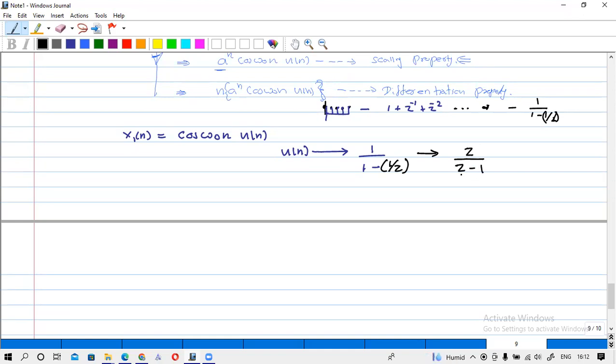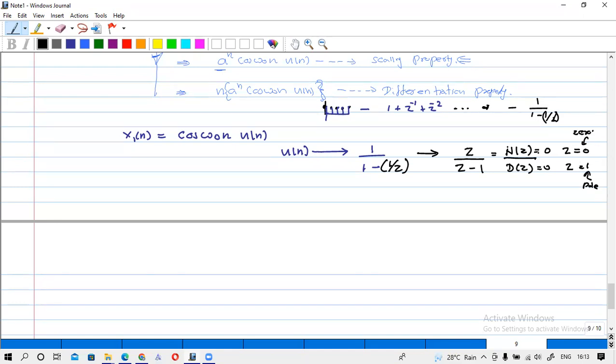So this is the u[n]. Here we have the numerator N(z) and the denominator D(z). Then you can equate the numerator to 0 and find the z value. So here z will be 0, and this is a zero. You can equate the denominator to 0, then you find the value z equal to 1, and this will be a pole. Likewise you can find the poles and zeros.